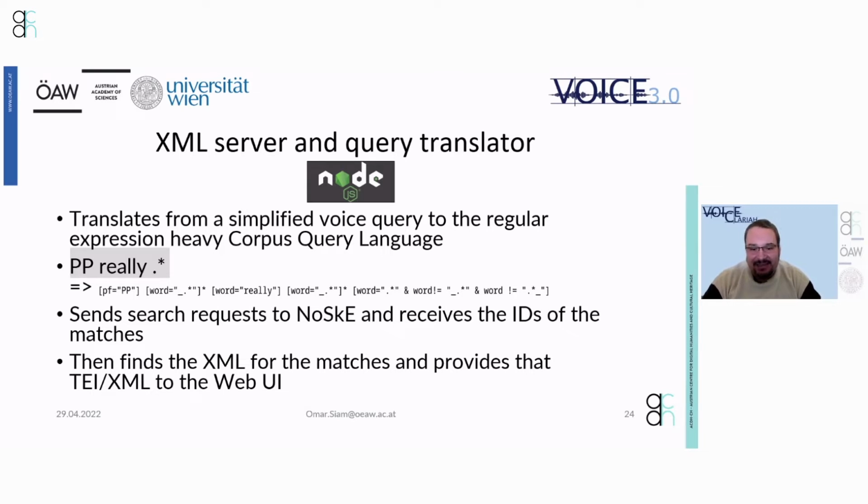And then we translate this to the real CQL. As a side effect, it's easy for us to add the parts that are needed to ignore the pseudo token. We can exploit the design of the corpus to provide the user with easy means to express different kinds of annotations. That is lowercase, uppercase, most prominently.